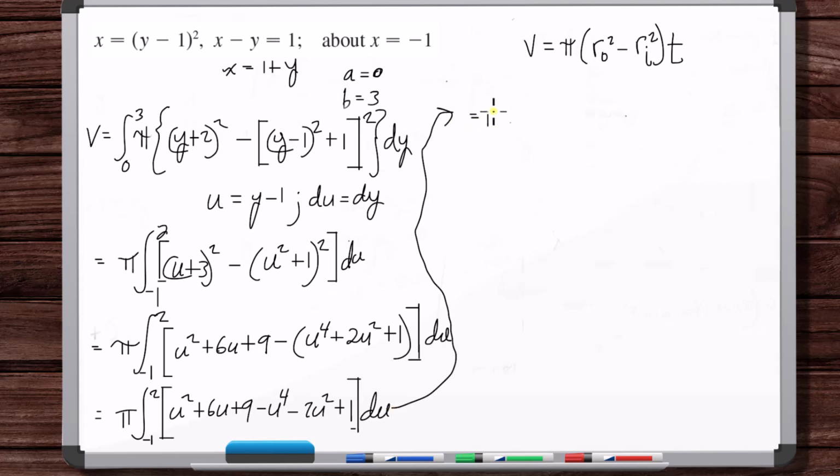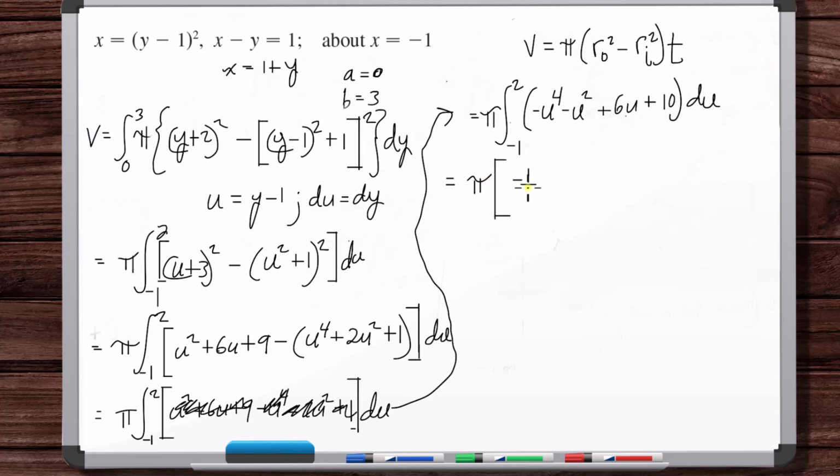Okay. So minus u to the fourth minus u squared, okay, plus 6u plus 10. Okay. So now doing the integration.